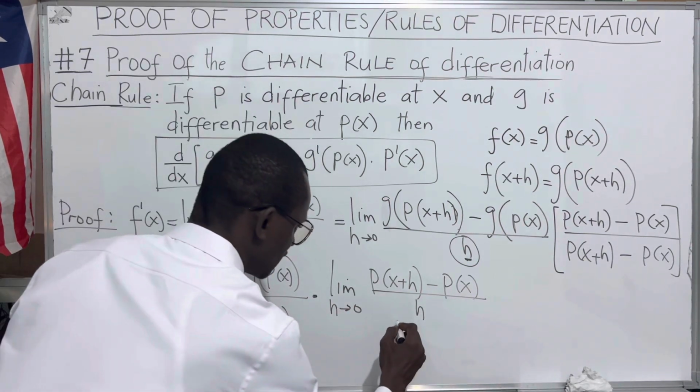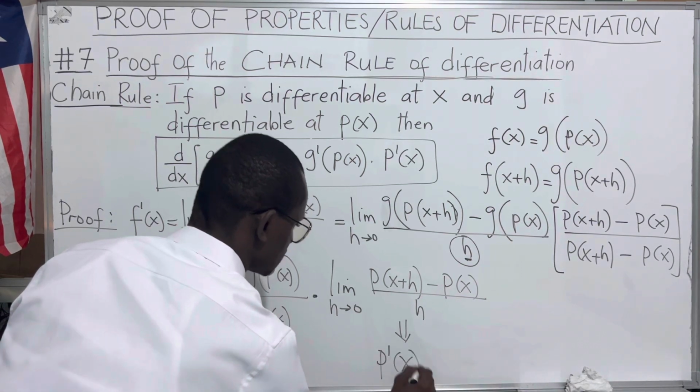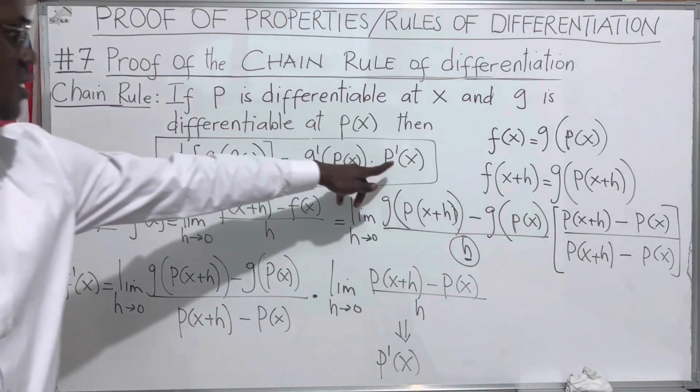So you clearly see that this whole portion right here is just p prime of x, which is this one.